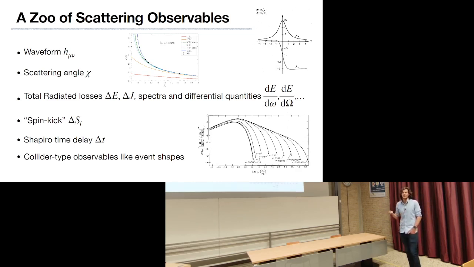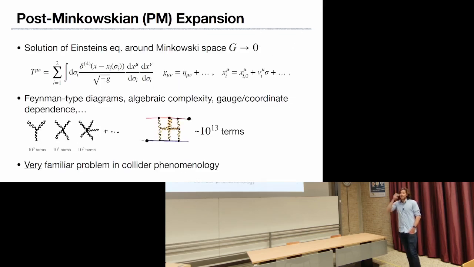If spin is involved, we have the so-called spin kick, so the particles will change the orientation of the angular momentum during the process. We can look at the time delay, and we also have things which are maybe a bit more academic because we don't have a full angular resolution of the problem, but we could also look at so-called event shapes.